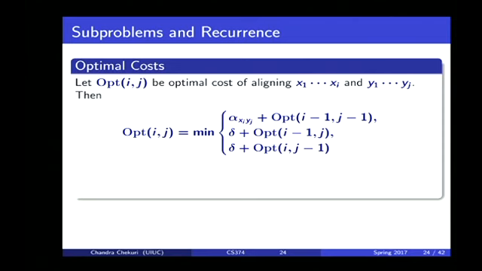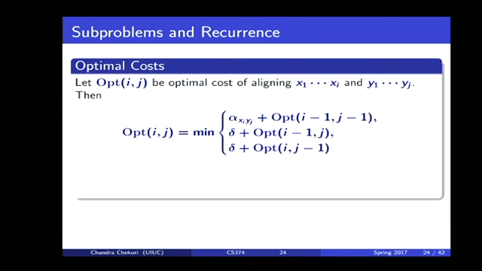Then opt ij is 3 cases. If we map the last 2 characters together, how much is the cost? We pay alpha xi yj, whatever those 2 characters are. And I recurse on opt i minus 1 j minus 1 because I make both strings smaller.